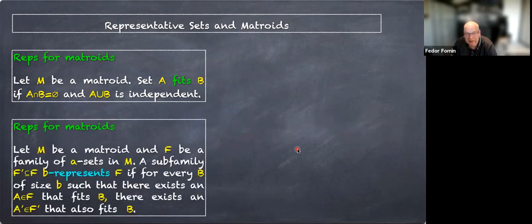Okay, and then I define the representative sets for a matroid the following way.